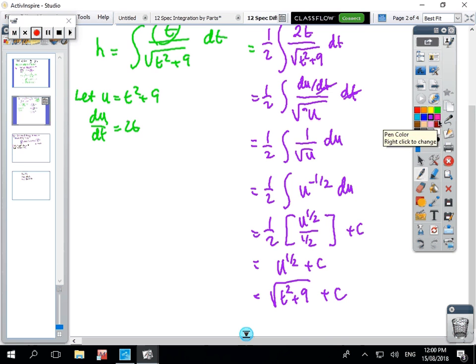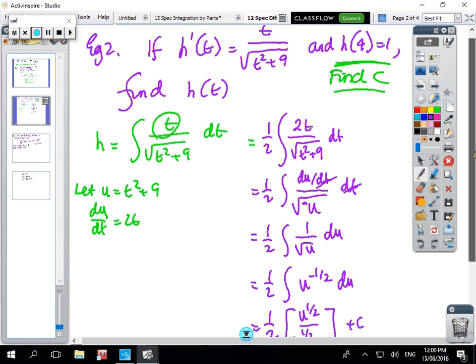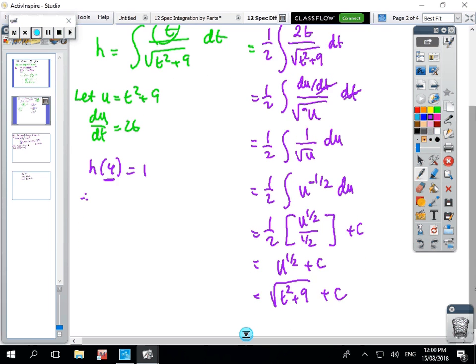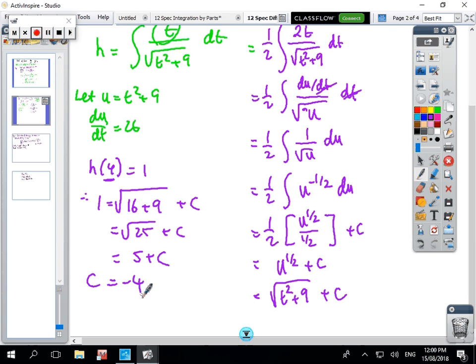Then this information at the top comes back in, h of 4 equals 1. So h of 4 equals 1. So that's your t value. What's your value of the function? So we've got 1 equals the square root of 16 plus 9 plus c, square root of 25 plus c, 5 plus c, c equals minus 4.